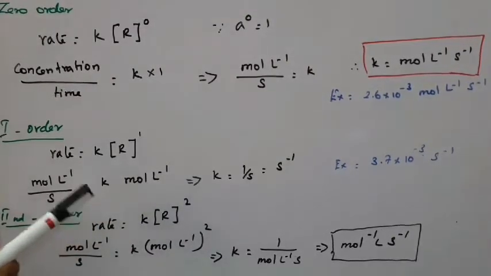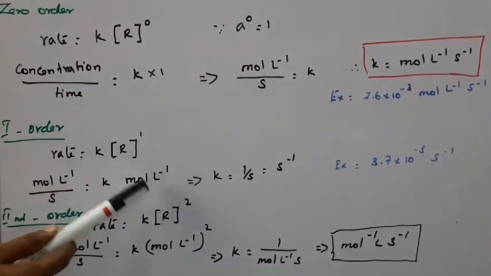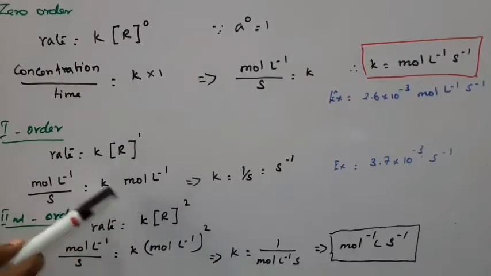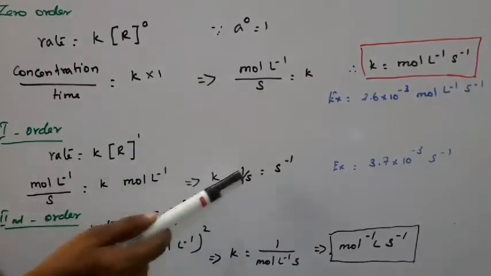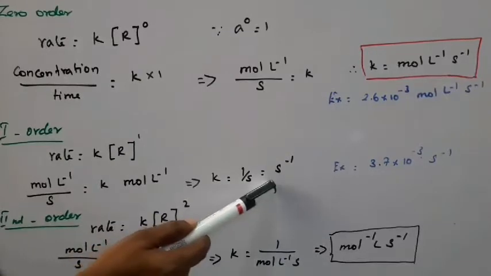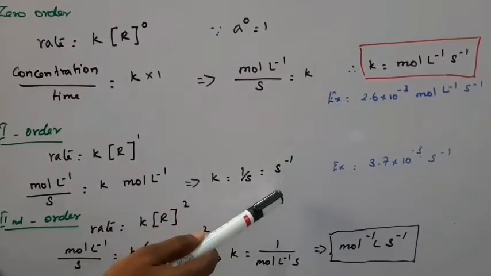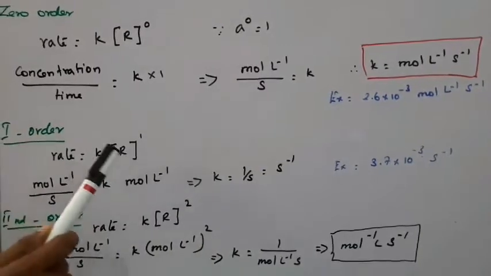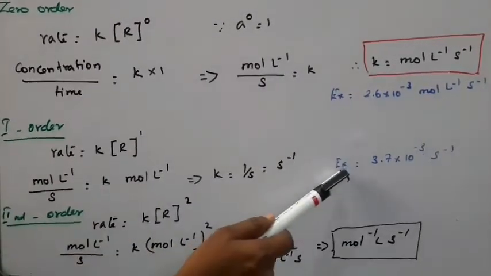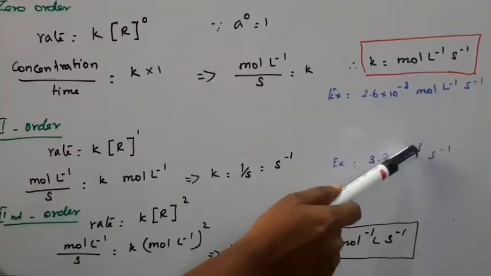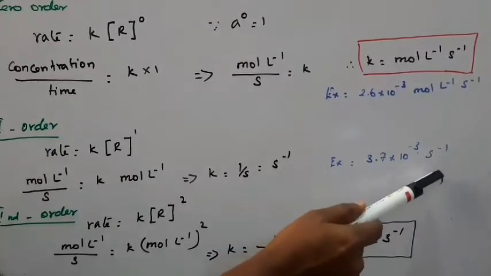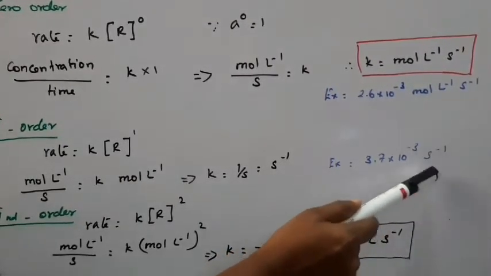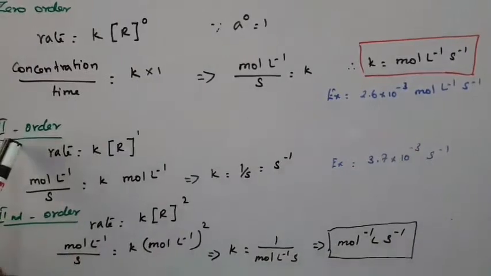Here this mole per liter and this mole per liter get cancelled. So K equals 1 by second, so K equals per second. Per second is the unit of a first order reaction. Suppose in your exam you see 3.7 into 10 power minus 3 per second. Once you see per second, it is the unit for a first order reaction.